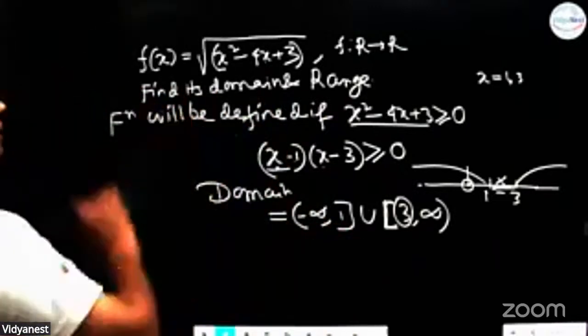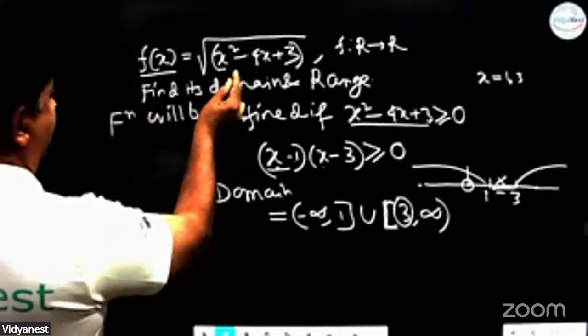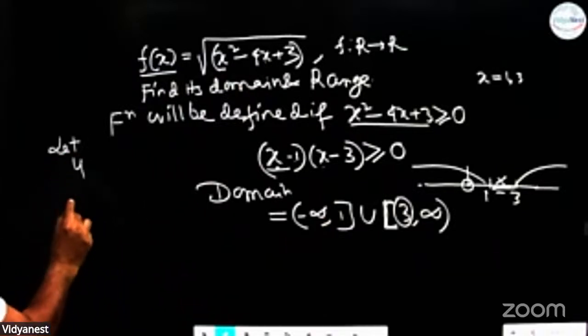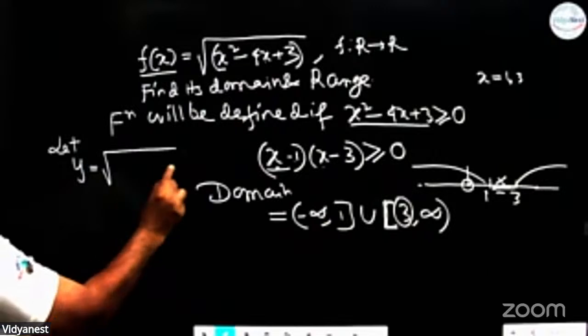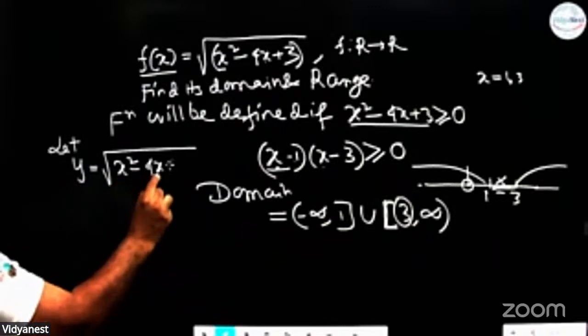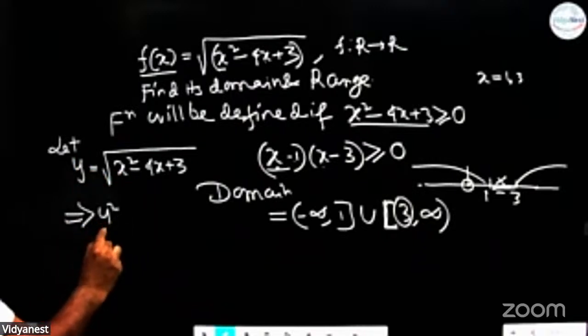How to find range? So this thing, I will equate with y. Let y is equal to root of x square minus 4x plus 3. Square it.